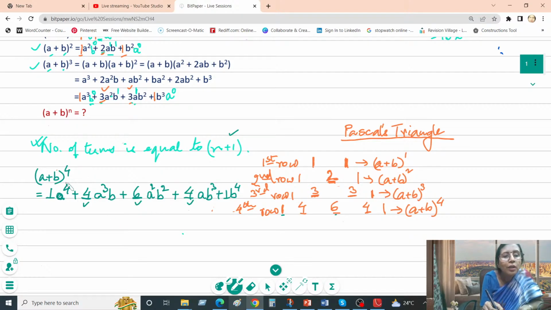So the expansion of a plus b to the power of 4 is equal to a to the power of 4 plus 4 a cube b plus 6 a square b square plus 4ab cube plus b to the power of 4.